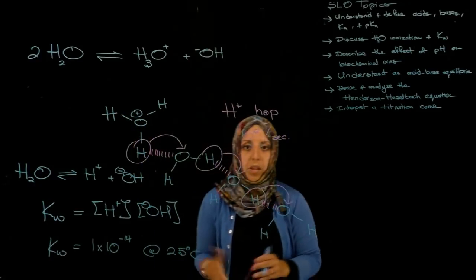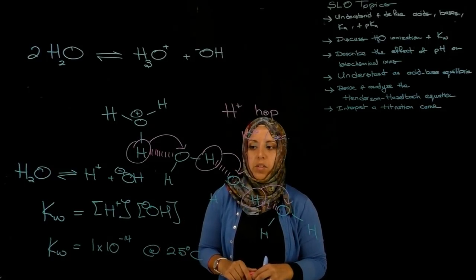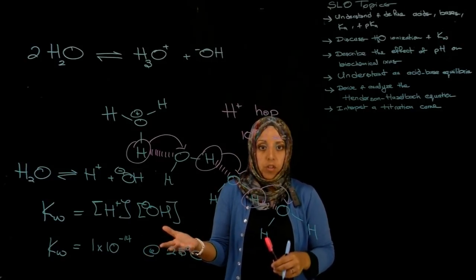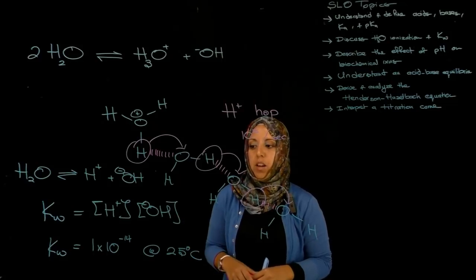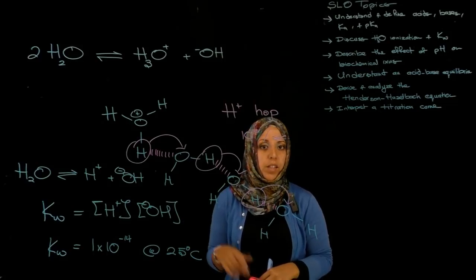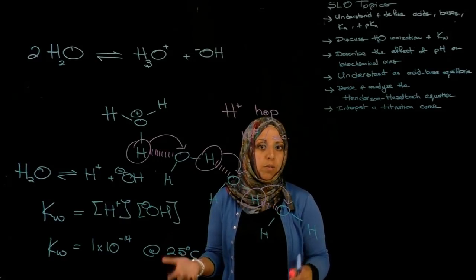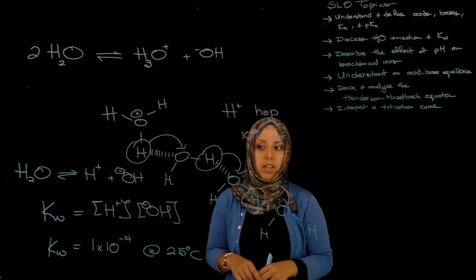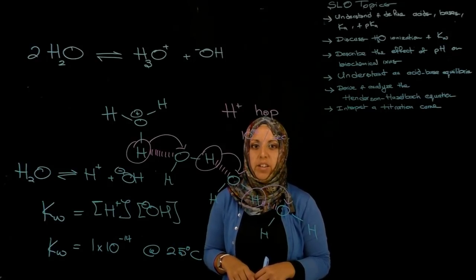So at room temperature, the water dissociation constant is equal to 1 times 10 to the negative 14, and the hydroxide and the hydronium ion concentrations must be equal. So each has a concentration of 1 times 10 to the negative 7, but that is dependent on temperature. The human body's temperature is about 37 degrees Celsius, and the proton and hydronium ion concentrations vary slightly.